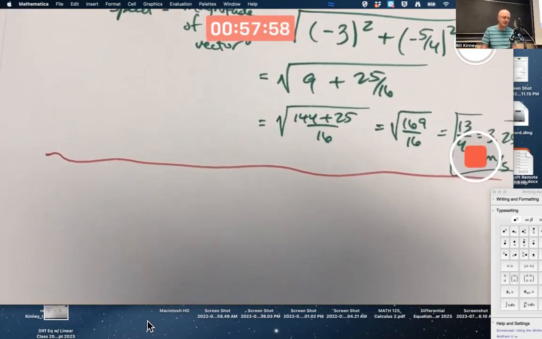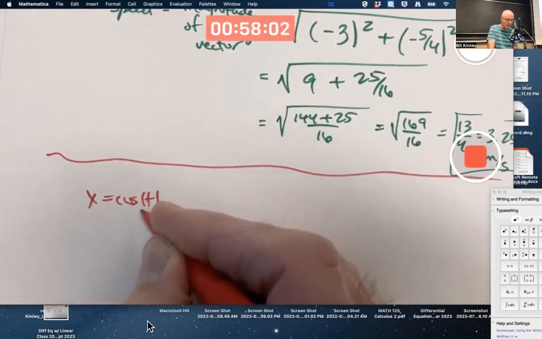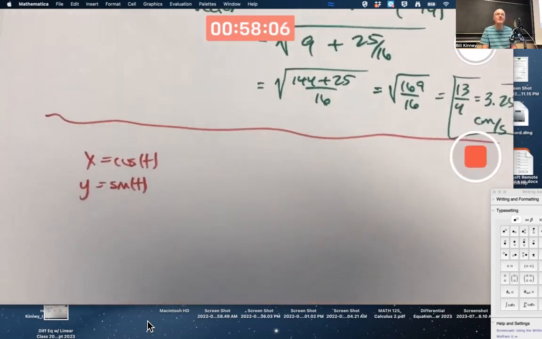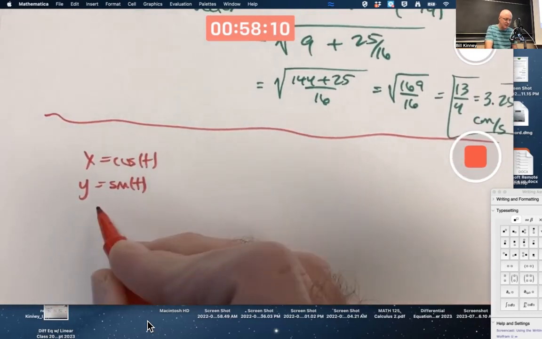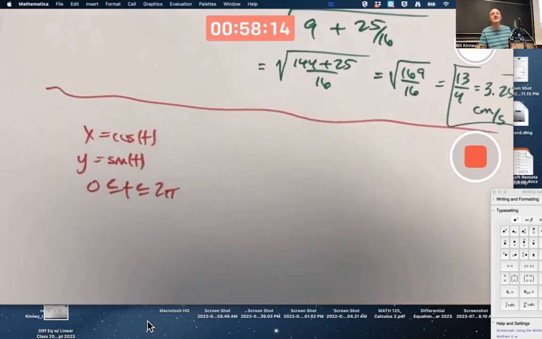And the simplest example of that is x equals cos t, y equals sine t. As t varies between, what should we pick? How about 0 to 2 pi? Oh, this is the bug. Trig bug.